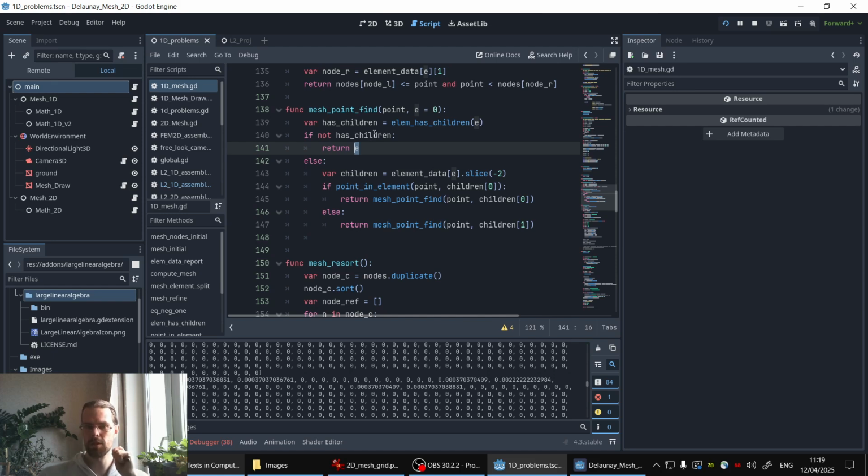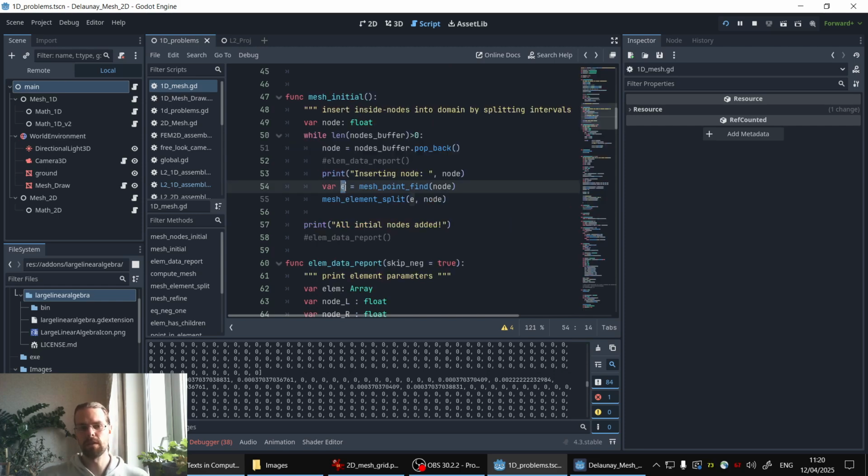In case it has children, it will determine whether the point is in the left child. If it's not here, it automatically understands that it has to search the right child. And so it applies this recursive search on the particular child which has this element, right? And at some point it reaches an element that doesn't have any children, and it returns it down the stack.